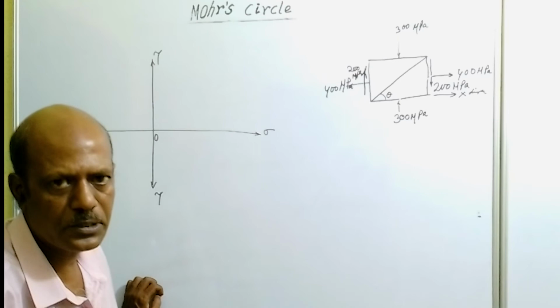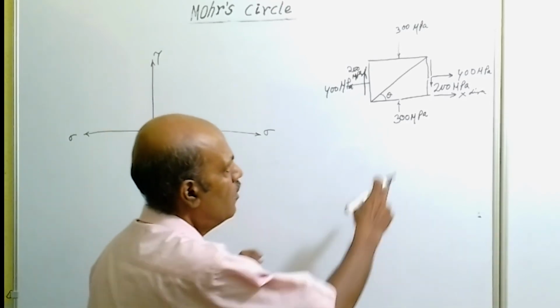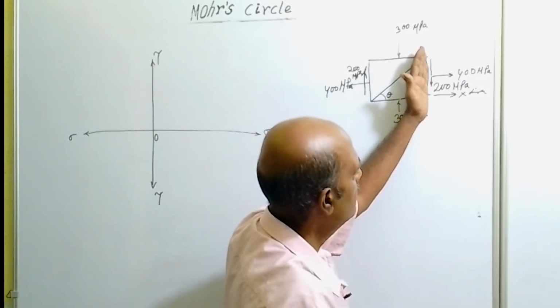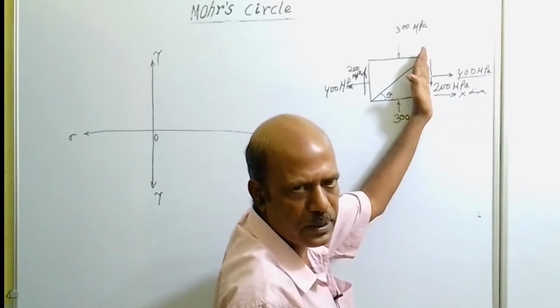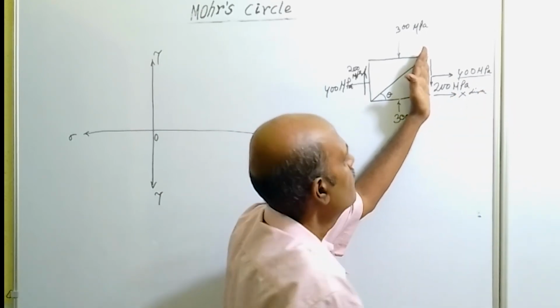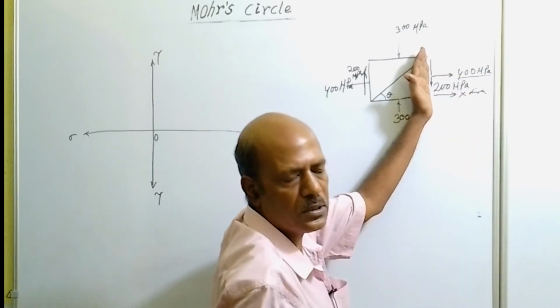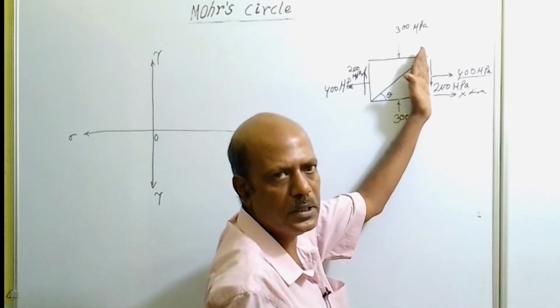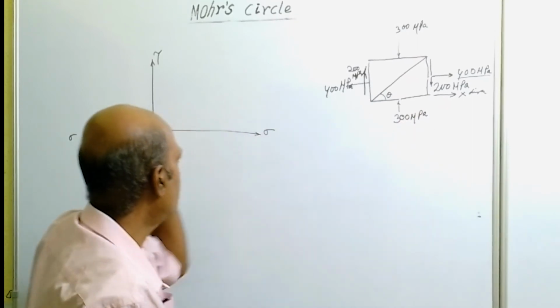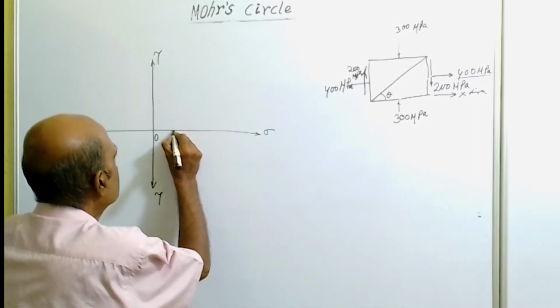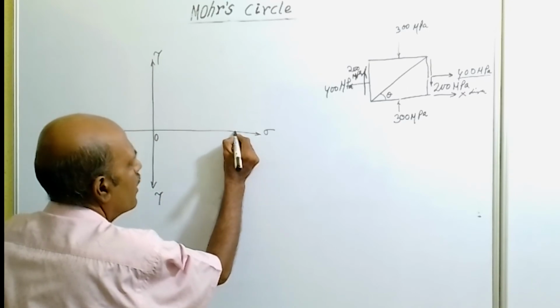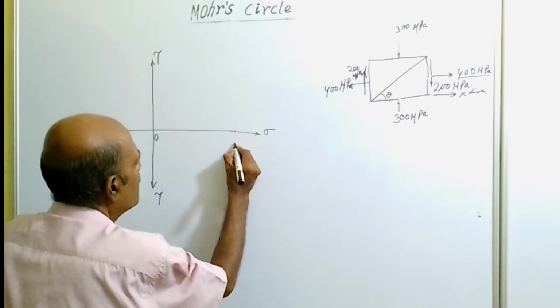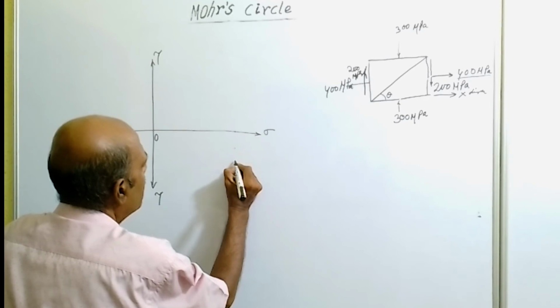Now go to the x phase point. What are the stress conditions? Sigma x is 400 megapascal, that is positive tensile stress, and tau is in clockwise sense, that is negative. So 400 is positive. Using some scale, 100, 200, 300, 400, and tau is negative, so 100, 200.